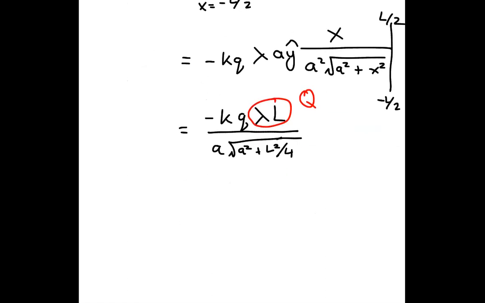So we can rewrite this as negative kq times q over a times the square root of a squared plus L squared over 4 times y hat.